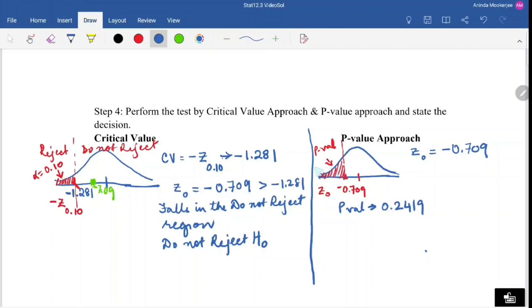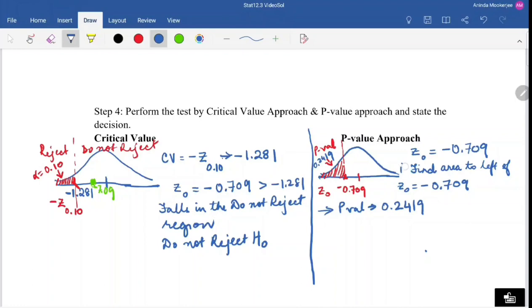This area here is 0.2419. That's the p-value. So let me just write what we did here for you to understand. Find area to left of z sub 0 equals negative 0.709, and that's the p-value of 0.2419.